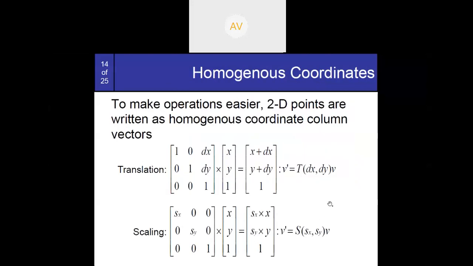Okay, then as I said earlier, the translation matrix. Then similarly we have written here the scaling matrix. See here, sx 0 0, 0 sy 0, 0 0 1. If you multiply with the original coordinates, you will get this, sx is the scaling factor in x, sy is the scaling factor in y.